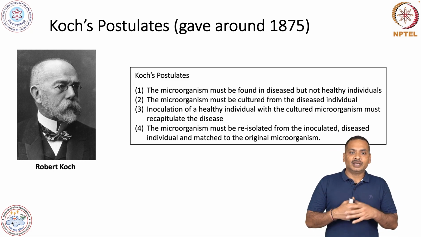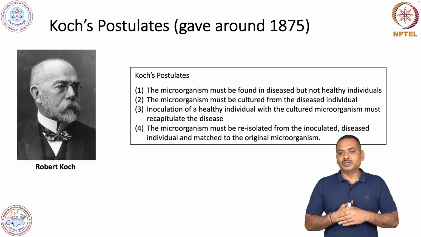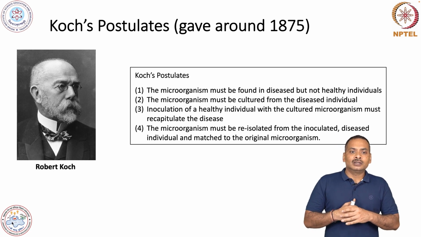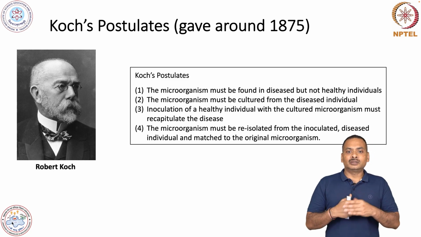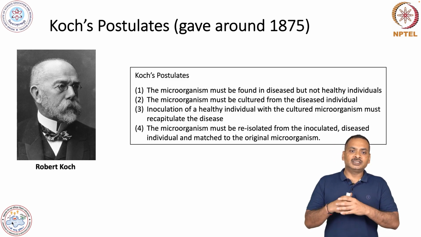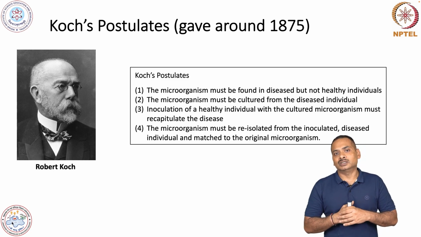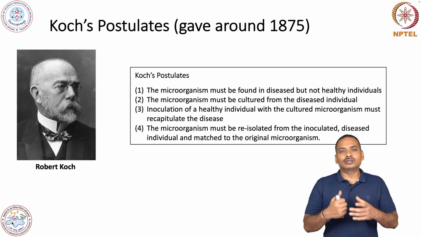Third, inoculation of a healthy individual with the cultured microorganism must recapitulate the disease. And the fourth is that the microorganism must be re-isolated from the inoculated diseased individual and matched to the original microorganism. So this is the germ theory or Koch postulate.